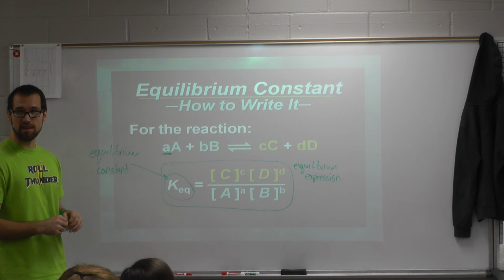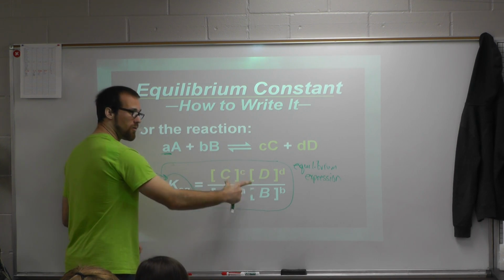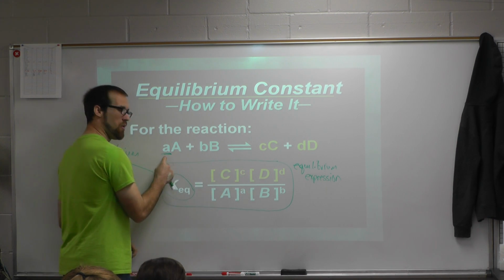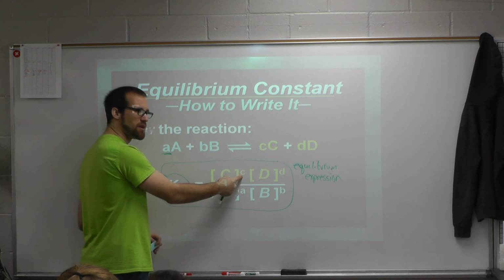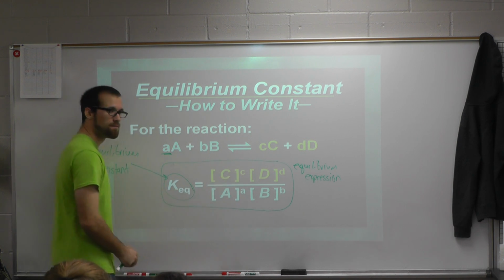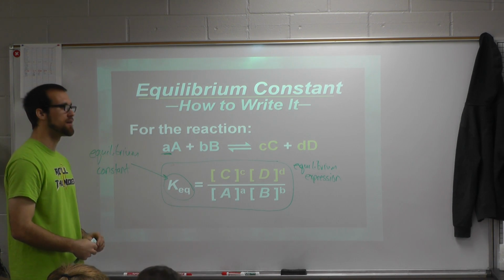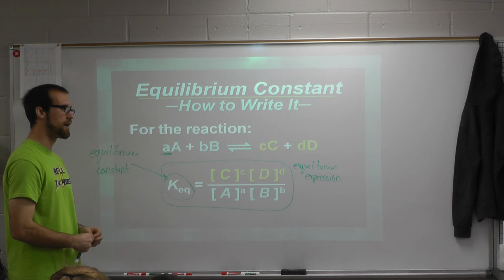So how you write the equilibrium expression is you always do products over reactants, and then the coefficient of each particular thing gets used as the exponent of that particular thing.